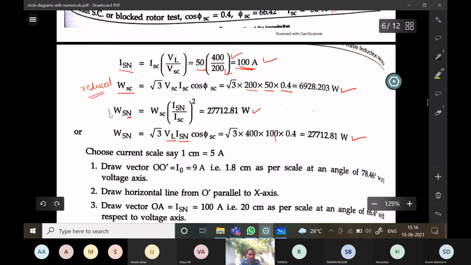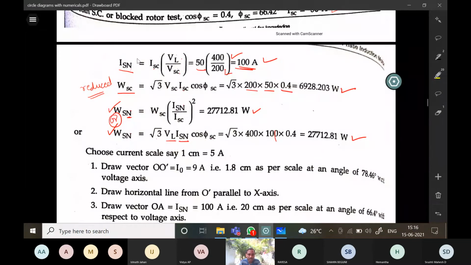Either you can use this formula or the other, any one formula you can use. So these are the calculations before drawing the circle diagram.